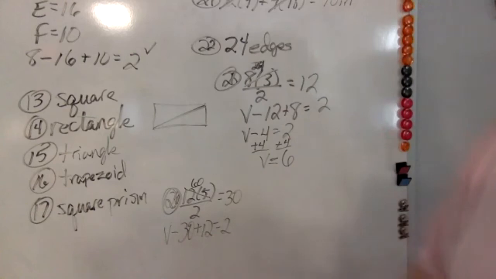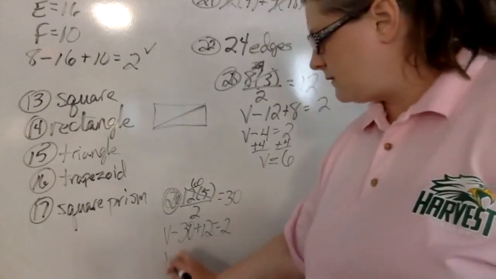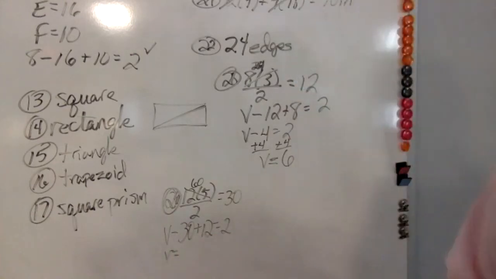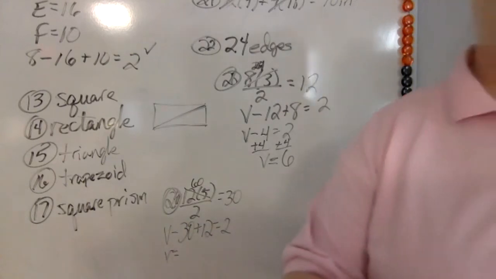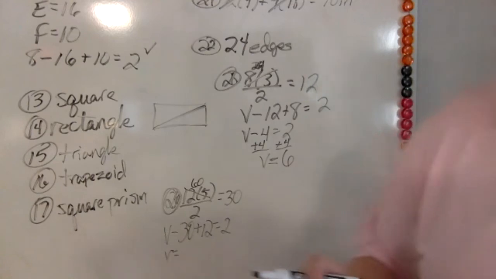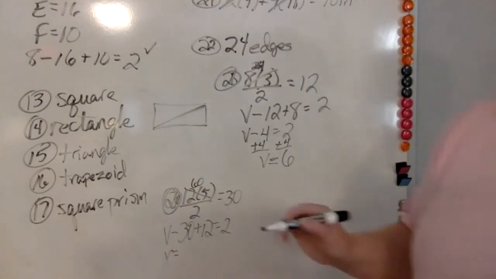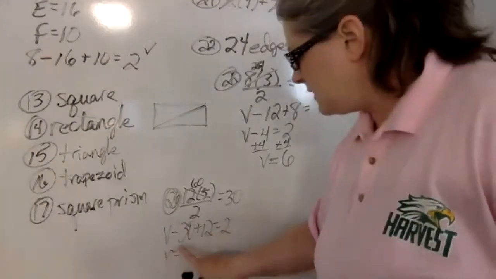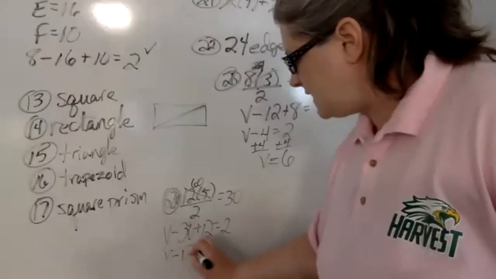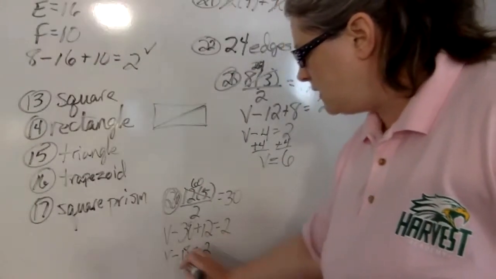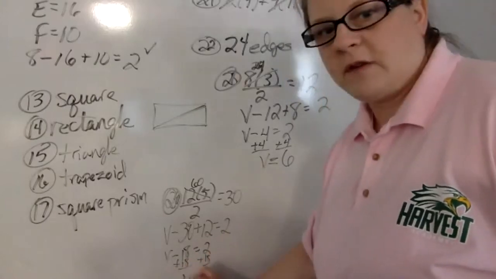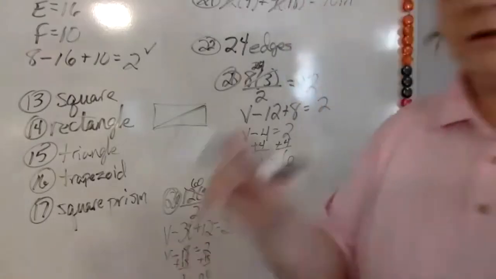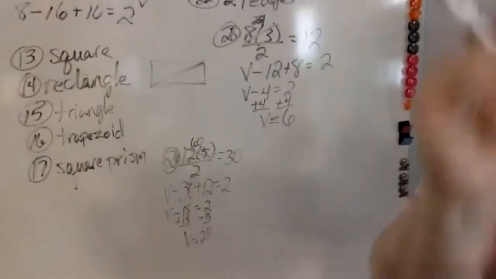Negative 30 plus 12 is negative 18. So I've got V minus 18 equals 2. I add 18 to both sides. So the number of vertices is 20.